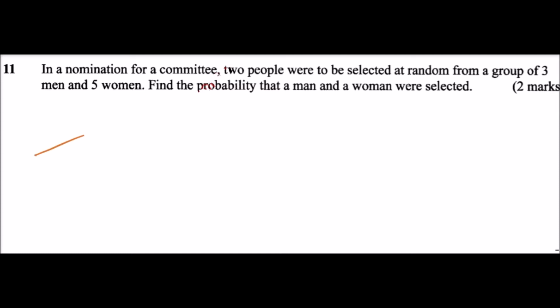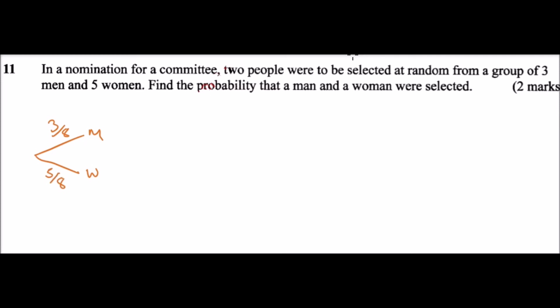So we have a man and a woman. Since there were 3 men and 5 women, the probability of selecting a man is 3/8, and the probability of selecting a woman is 5/8.